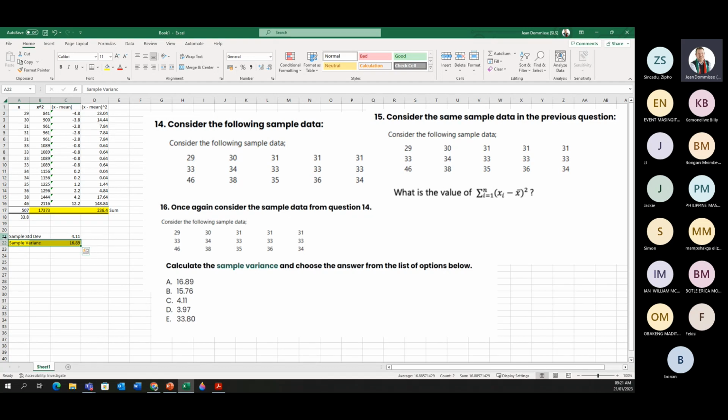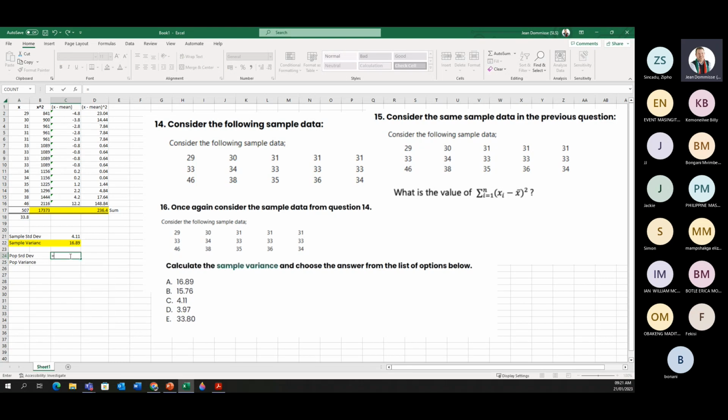If you calculated sample standard deviation, there would be an answer for you as well. If you calculated population standard deviation and population variance, there would be answers for you as well, I think.